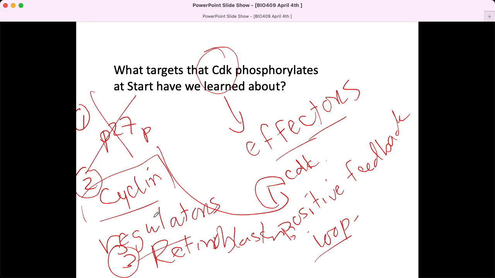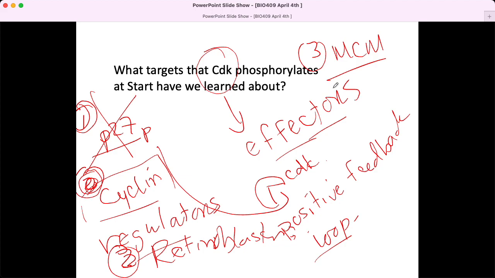MCM. So I think this list goes P27, retinoblastoma, and MCM for our course. And MCM are those proteins that help DNA polymerase find where to start copying the DNA.